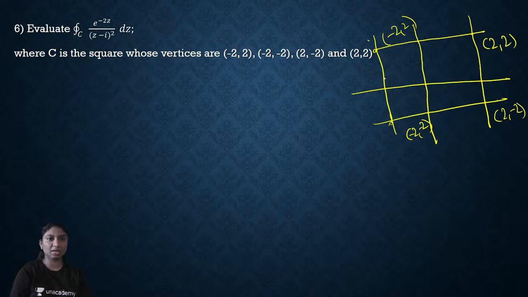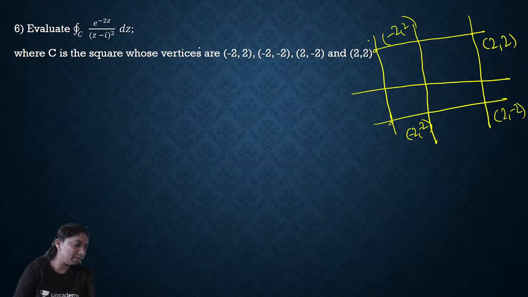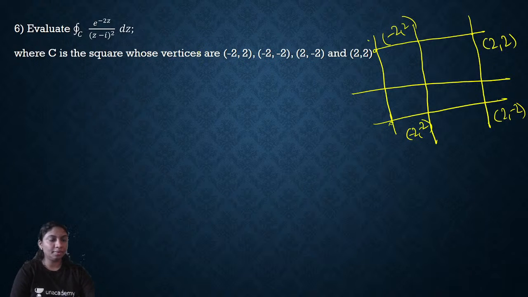This is a circle where C is the square, and here is z is equal to i, right? z is equal to i is a pole of order 2. So here C is a closed curve, and this point z is equal to i is a pole of order 2.